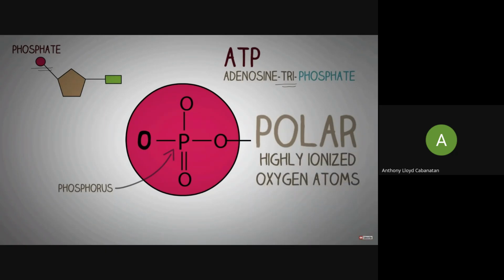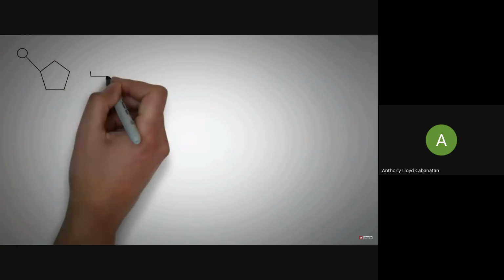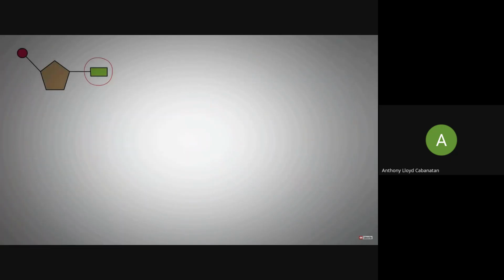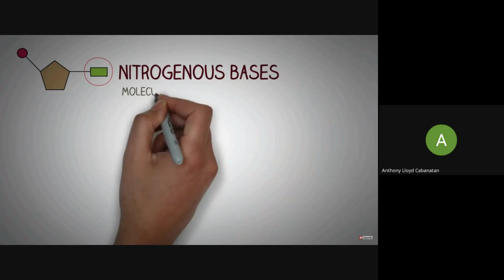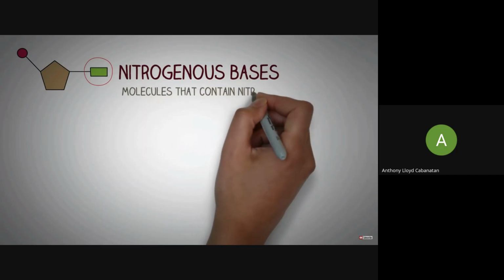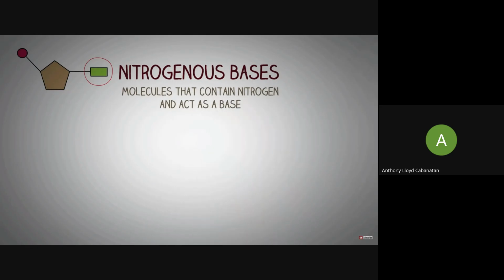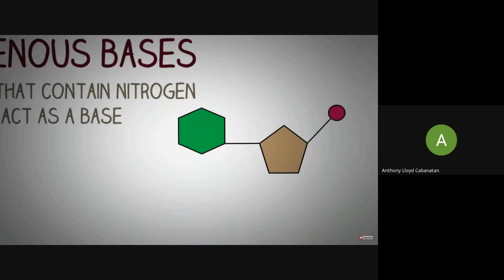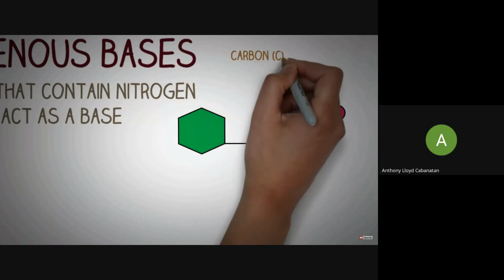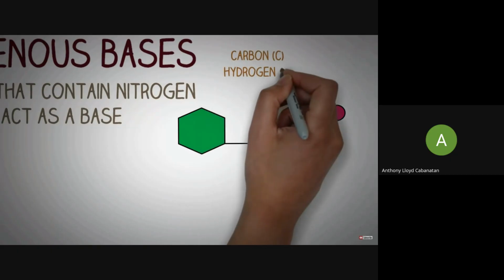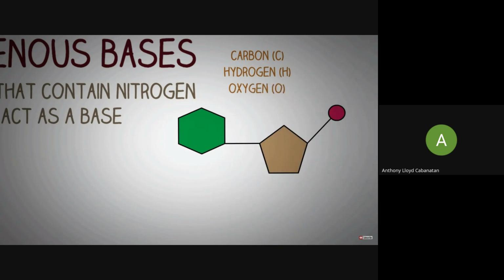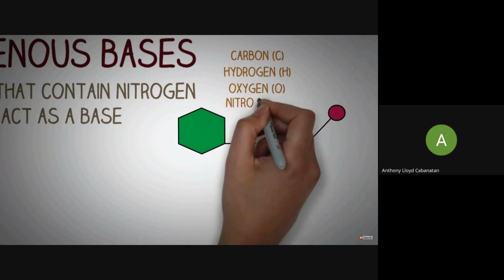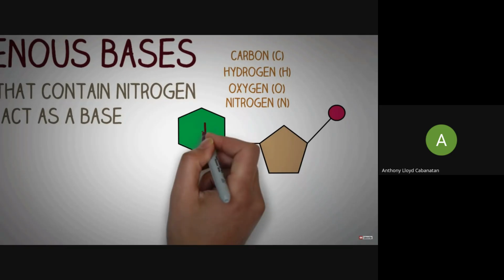Now, the third important structure present in the structure of a nucleotide is the nitrogenous base. Nitrogenous bases are basically molecules that contain nitrogen in varying amounts and they act as a base. Now, most of you know that the human body contains organic chemicals which have carbon, hydrogen, and oxygen in varying amounts. In nitrogenous bases, nitrogen combines with all of these atoms to form ring-like structures.